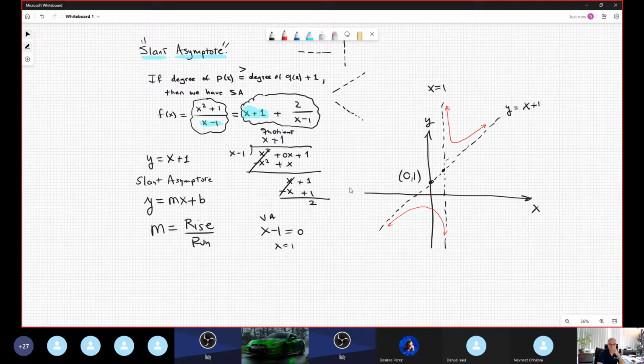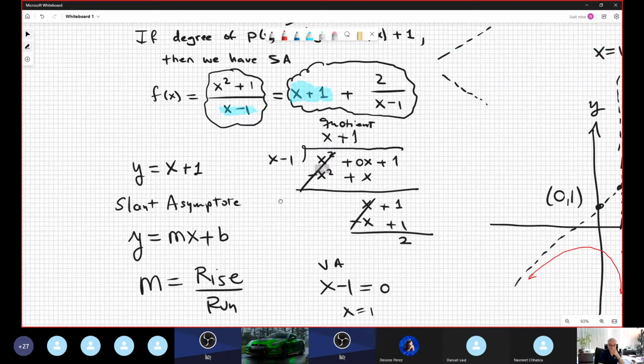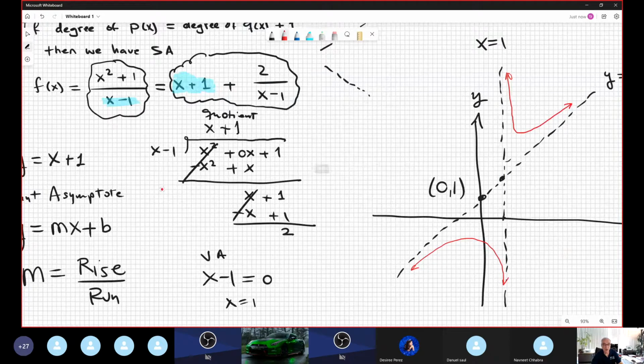Yes, it's possible. Why is it possible? Because the degree of the divisor in the denominator is linear, and whenever this situation happens, we can do these divisions.